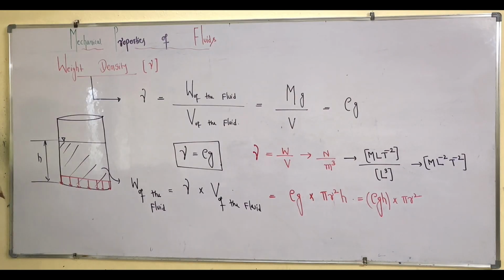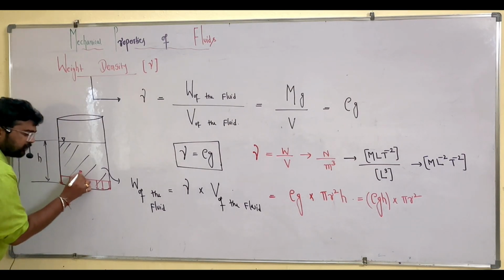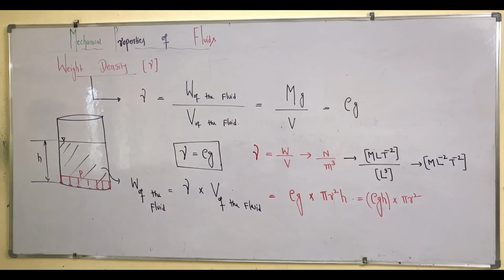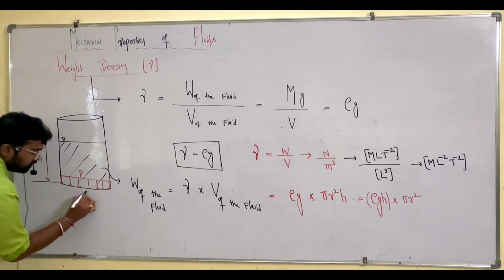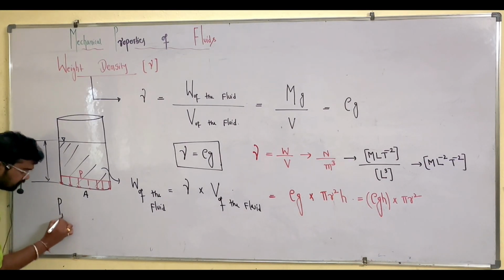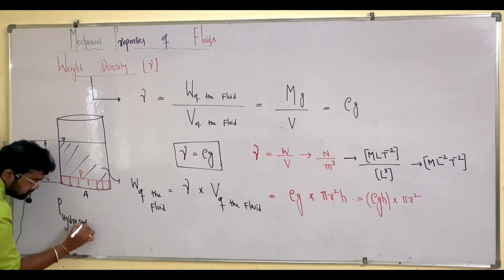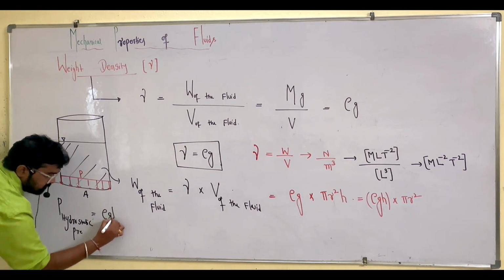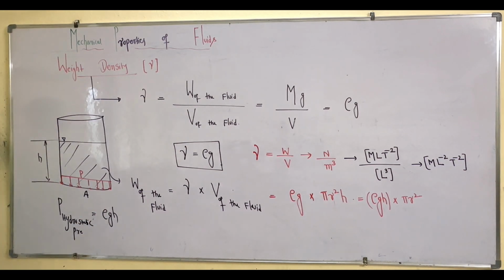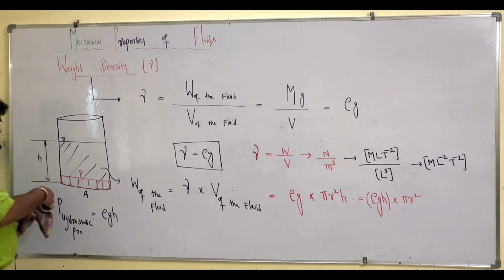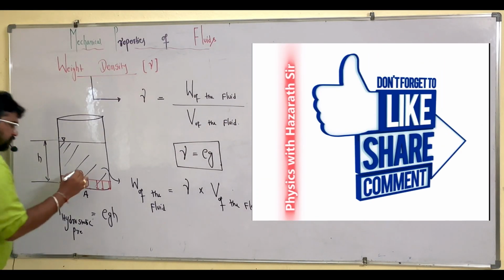What is the hydrostatic pressure acting on the bottom surface? Rho g h. That is the hydrostatic pressure, the gauge pressure. What is the force acting on the bottom surface?